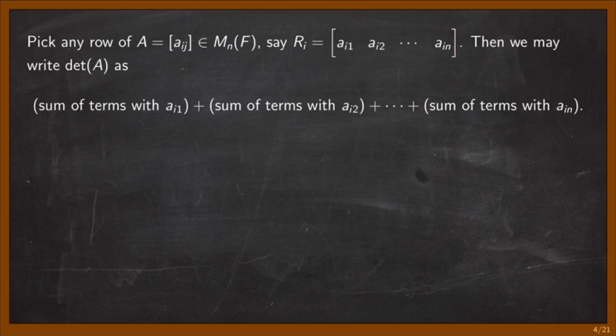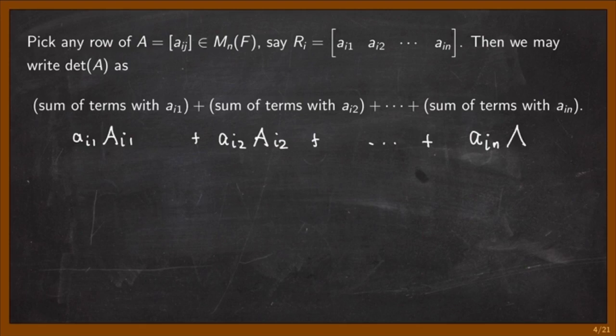Notice that in each of these, we can factor out ai1, and what's left is the cofactor Ai1. And then, in the second part, we can factor out ai2, and what's left is the cofactor of the entry ai2, and so on. The last part can be written now as ain times the cofactor of ain.